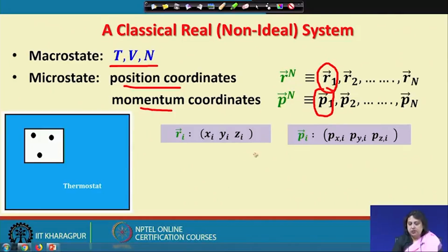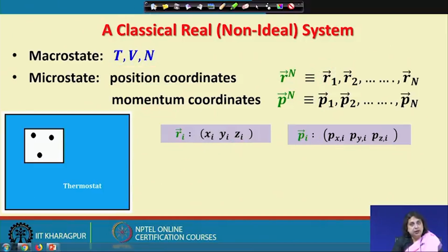In general we are going to use a condensed notation like this. r_i is the position vector of the ith particle, having components x_i, y_i and z_i. Similarly, these three numbers correspond to the x, y, z components of the momentum of the ith particle in 3 dimensions.